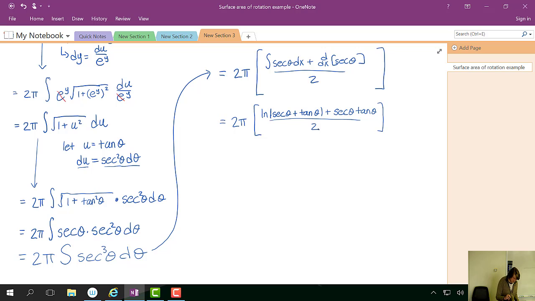Cool. And the very last step for these is that now we have to just plug back in our original substitutions.